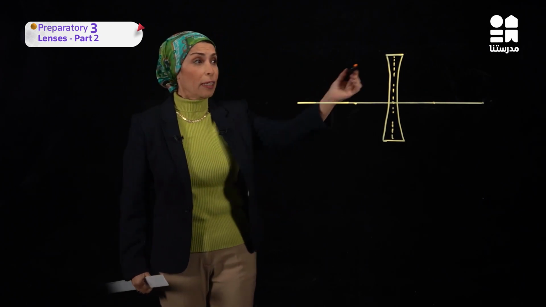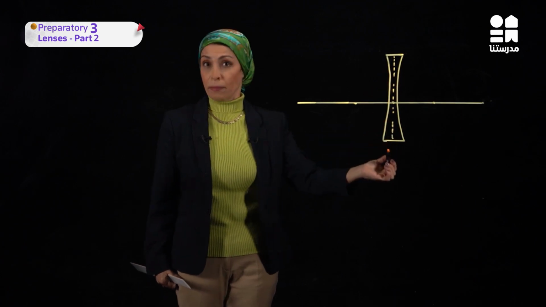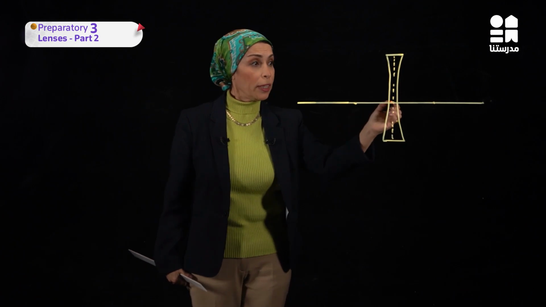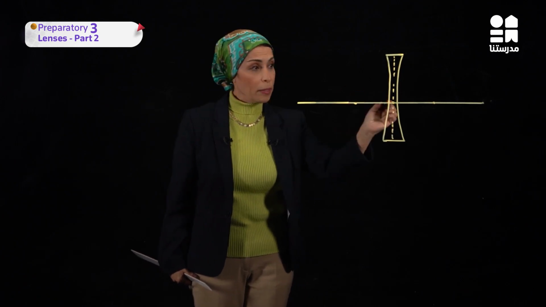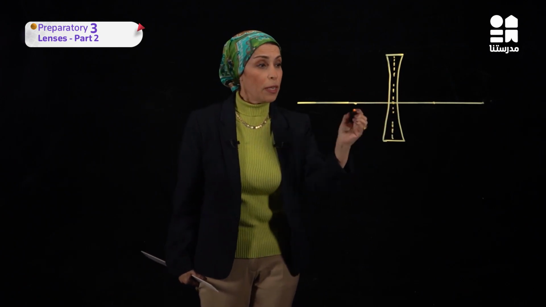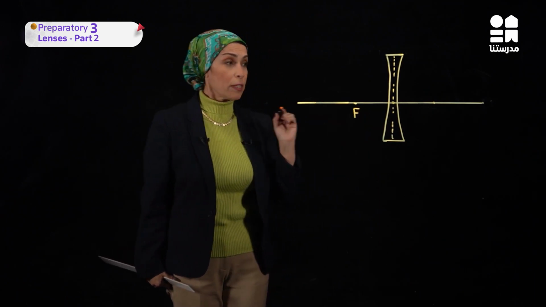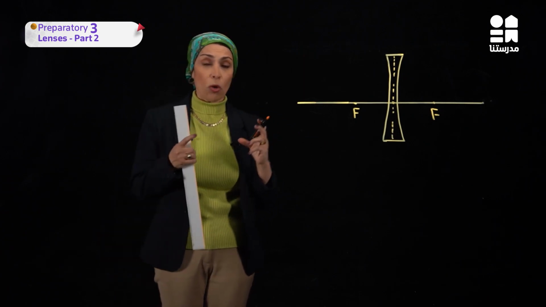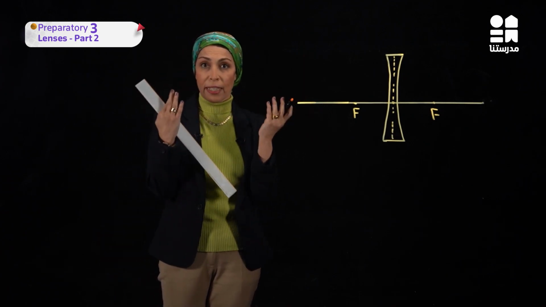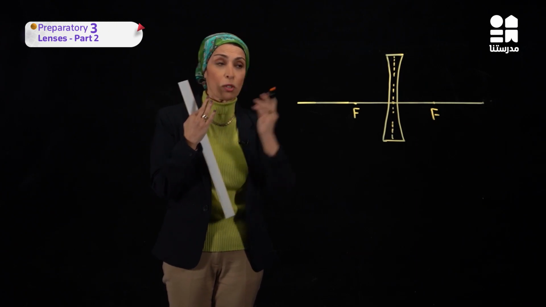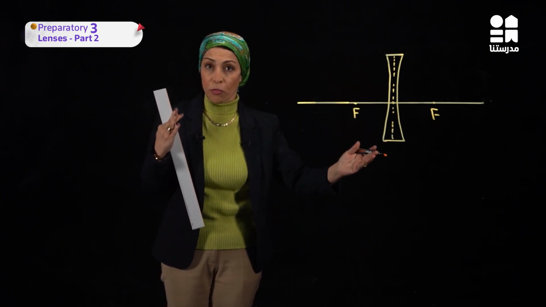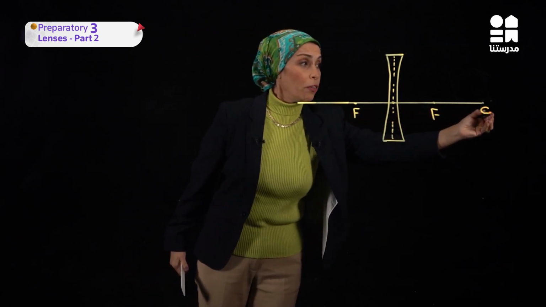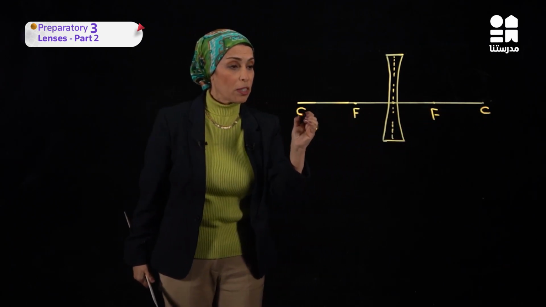But at the beginning, this is our lens, and here is the pole, the center of the lens, and here is the focus. And we know we have two focuses. Here in this case, the two spheres are touching together, so we get this type of lens. And we have two centers of curvature, either in this shape or in this shape.